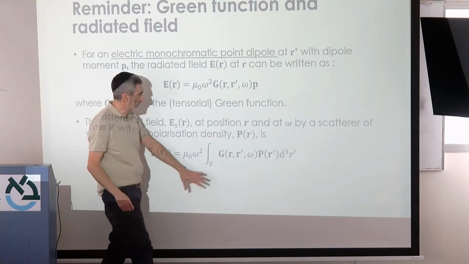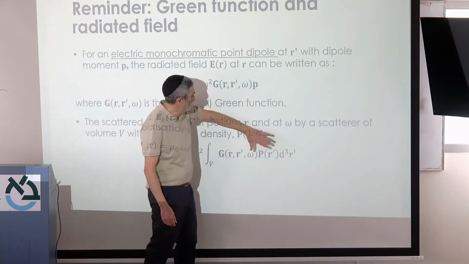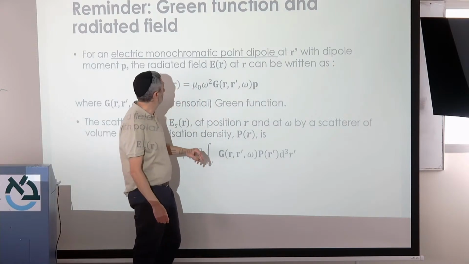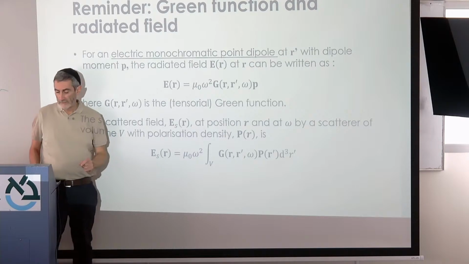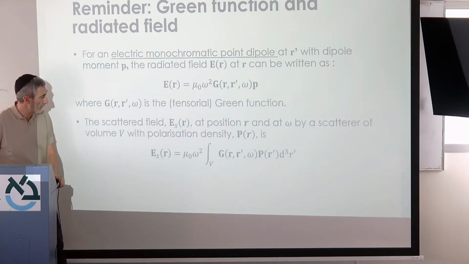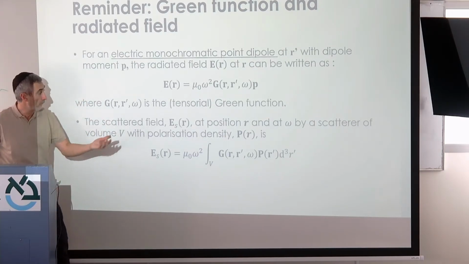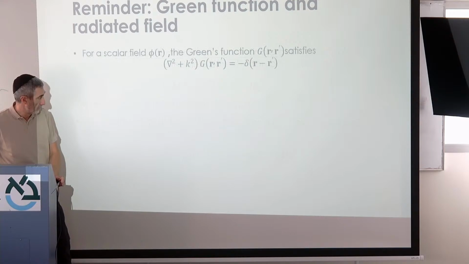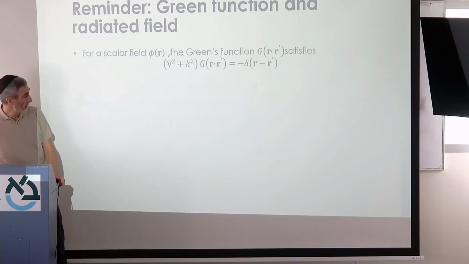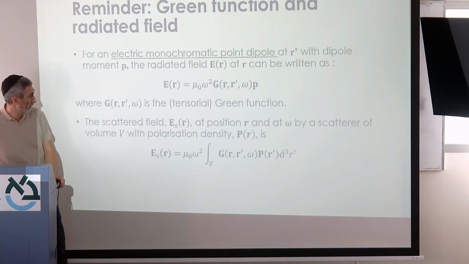If you want, this is exactly the dipole moment for an element of volume d3r, and you sum over all the elementary dipoles over this volume. Okay, that's fine. So that's the definition.